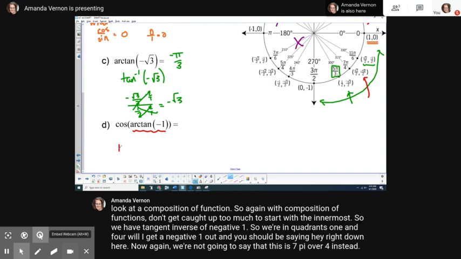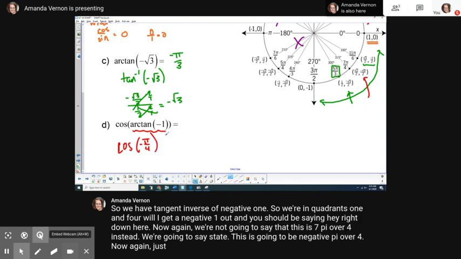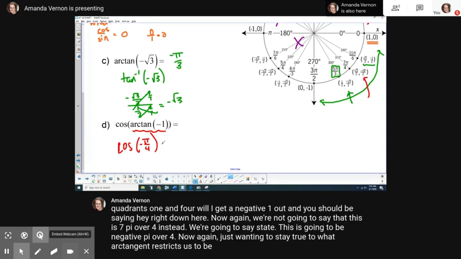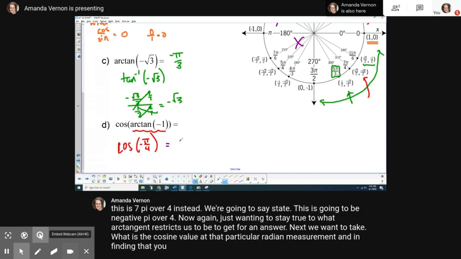Instead, we're going to state that this is going to be negative pi over 4. Now, again, just wanting to stay true to what arctangent restricts us to get for an answer. Next, we want to take what is the cosine value at that particular radian measurement, and in finding that, you will get positive root 2 over 2.